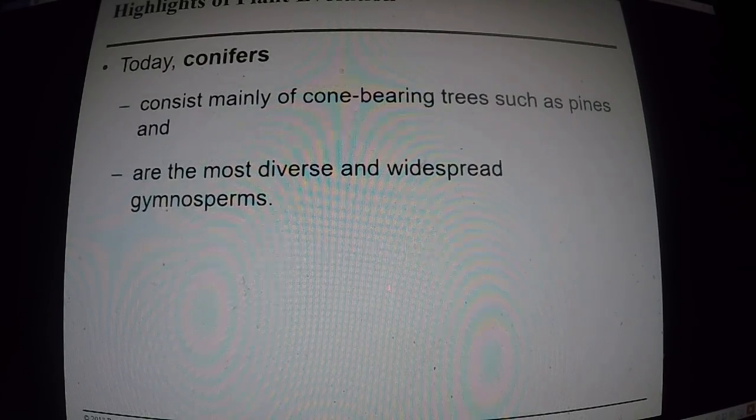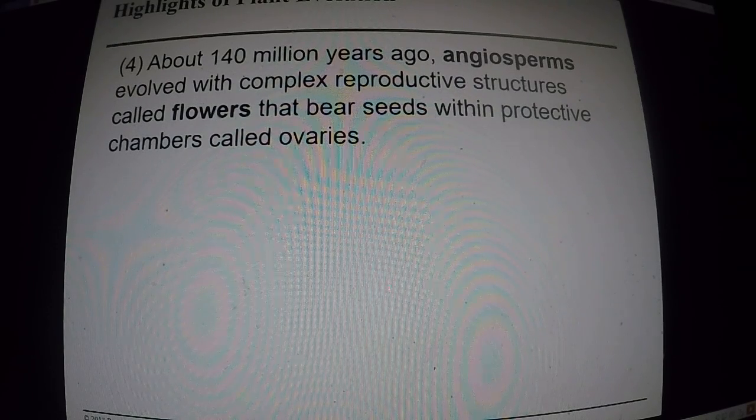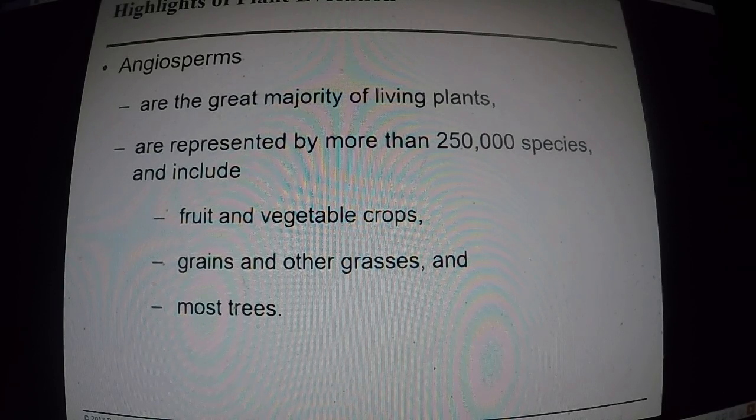Today, the conifers are the mainly large cone-bearing trees such as pines and the equivalent, and are the most diverse and widespread gymnosperms. About 140 million years ago, angiosperms evolved with a complex reproductive structure called flowers that bear seeds within protective chambers called ovaries.